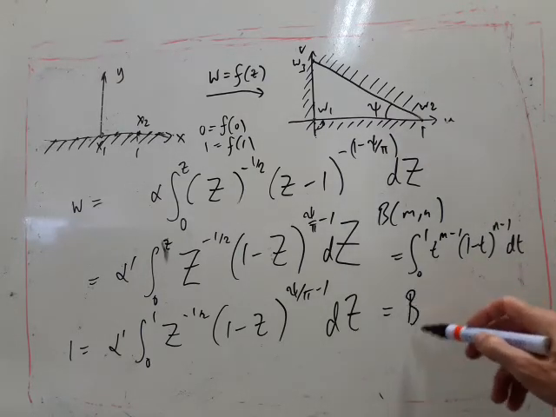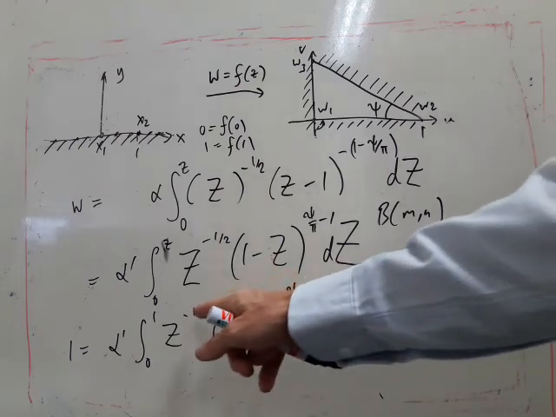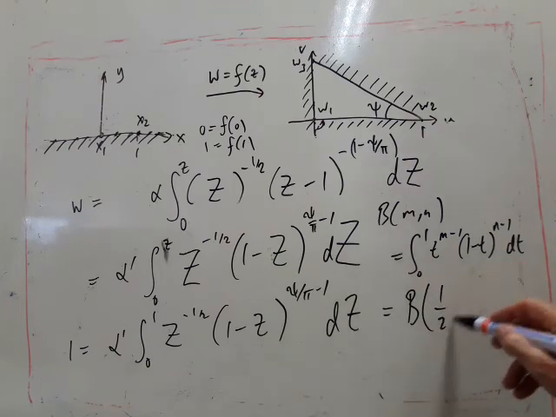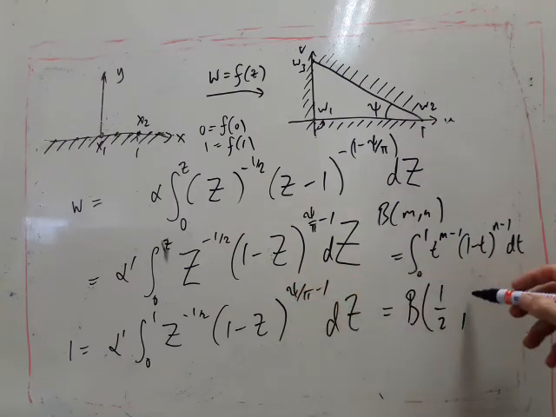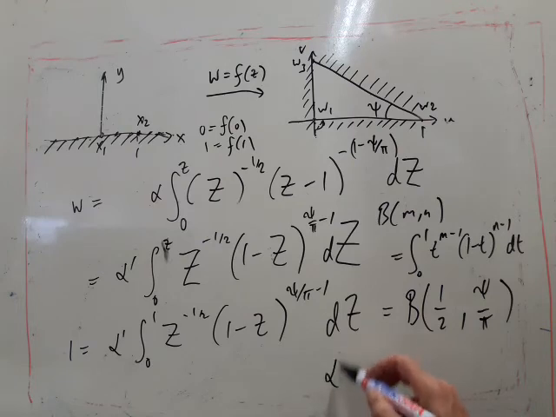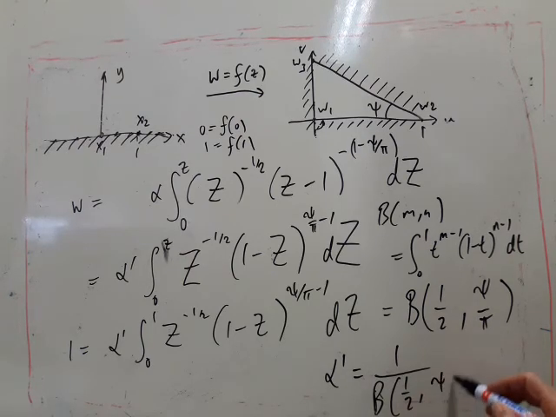So in this case, m minus 1 is equal to minus a half, which means m is a half, and n is psi over pi. So that means that we can write alpha prime as 1 over beta of a half, comma psi over pi.